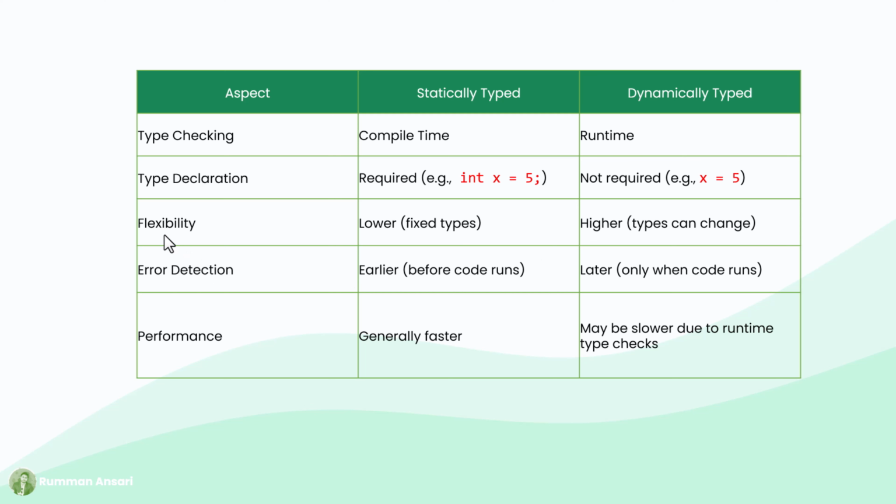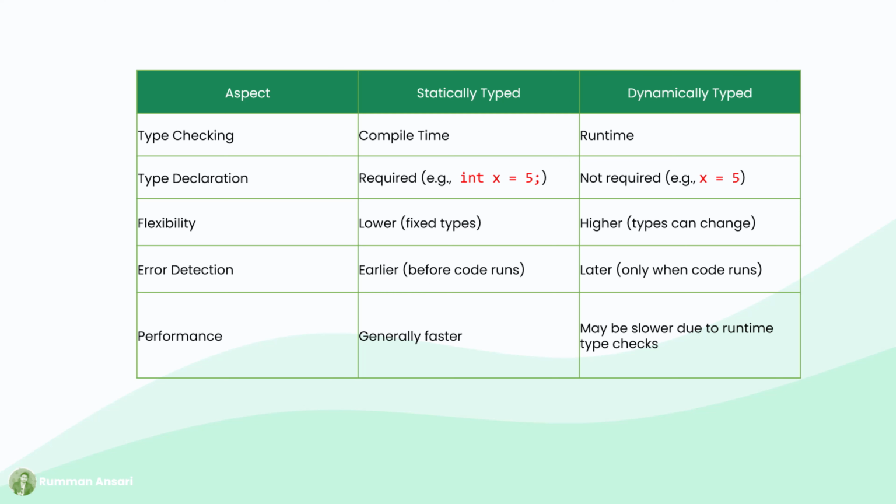Now here comes the third point, that is flexibility. Flexibility is lower in statically typed, it is a fixed type, and in dynamically typed it's higher, as types can change at runtime. Let's talk about error detection. In statically typed language, error detection is earlier, before the code runs.